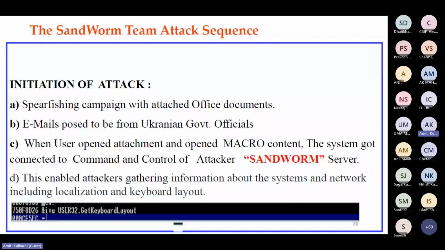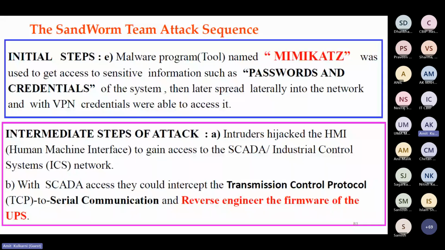The next step was that a malware program named Mimikatz was used to get access to sensitive information such as passwords and credentials of the system, and then it spread laterally into the whole network with VPN credentials known.